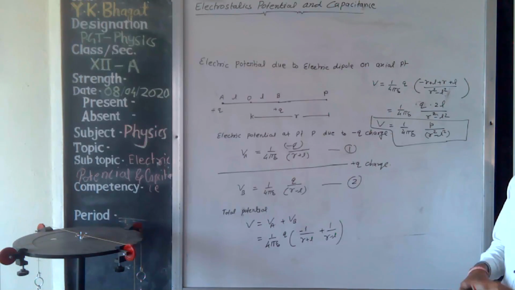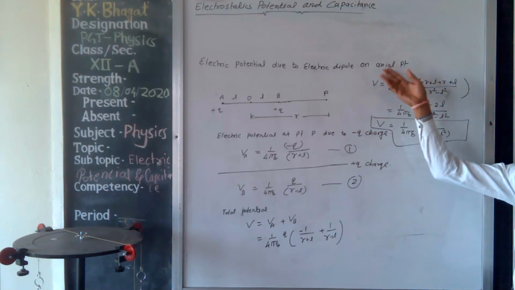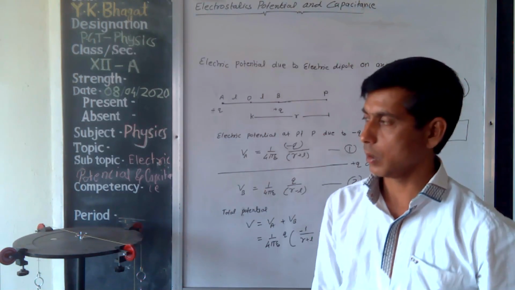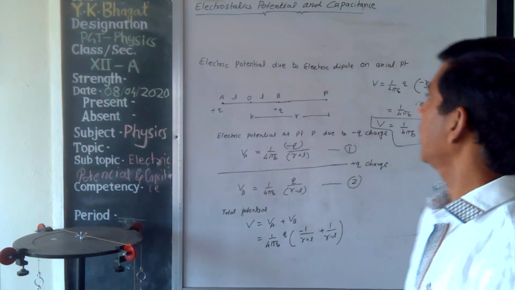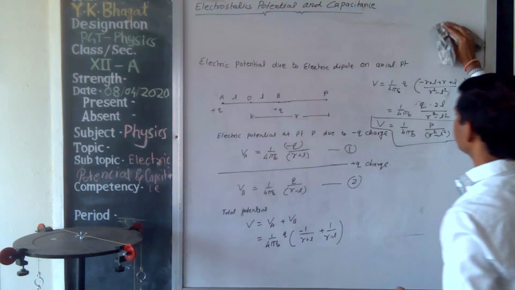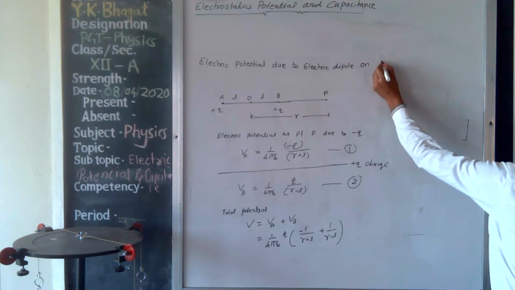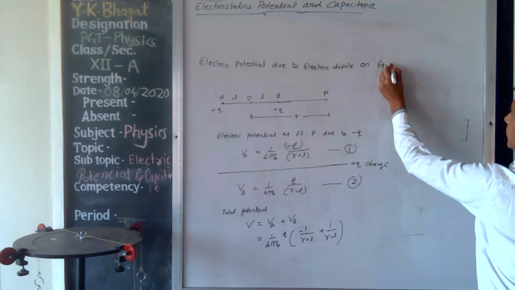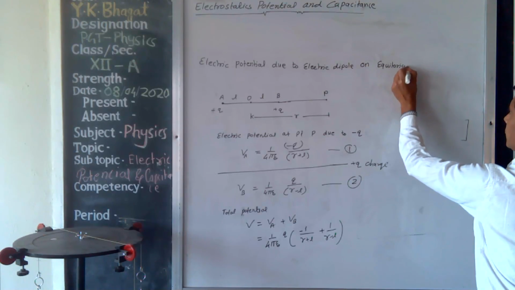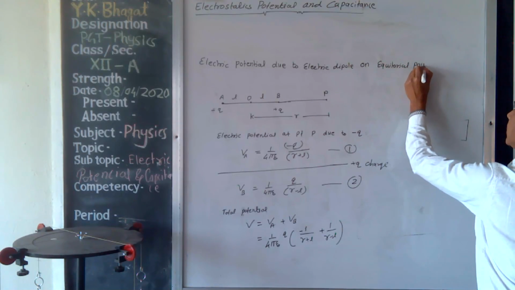Now we will find out electric potential due to electric dipole on the equatorial point.